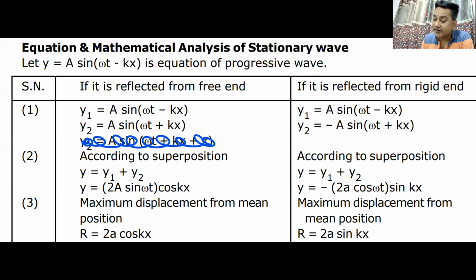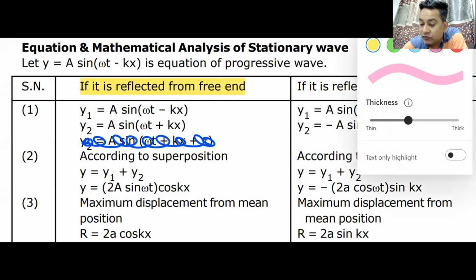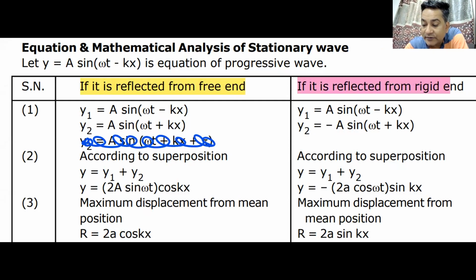The first case is when the wave is getting reflected by a free end. And the second case, where I have used the pink color, is when it is reflected from a rigid end. I have already told you what happens when it is reflected from the free end.